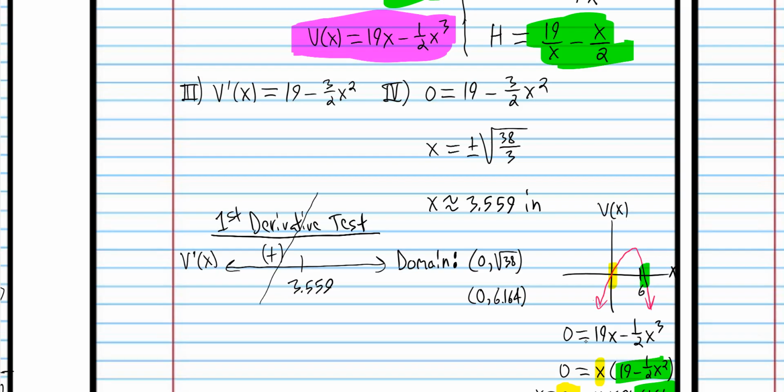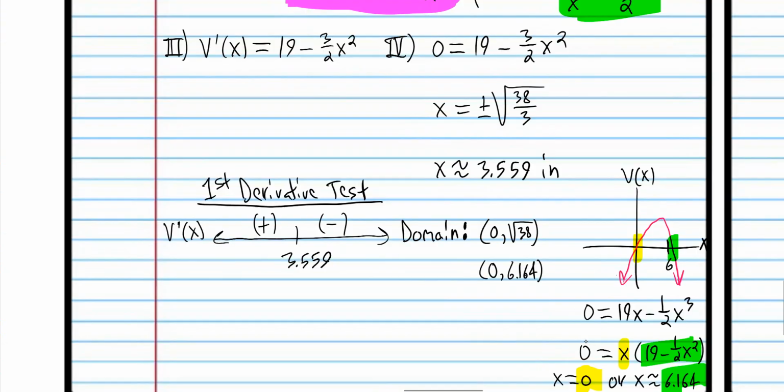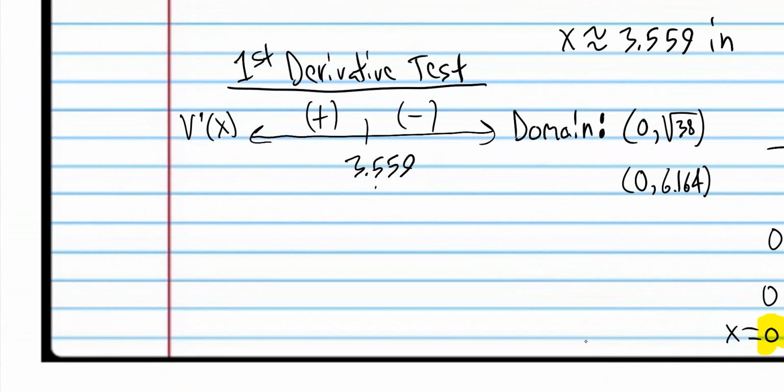So we're plugging this into the derivative. Let's plug in 5, and if you plug in 5 and calculate, you see that we get a negative number. So notice that the sign of the derivative changed from positive to negative. So remember, the first derivative test indicates that that's the location of a maximum value.